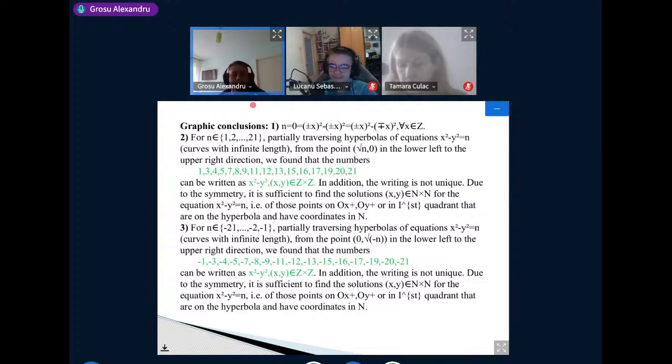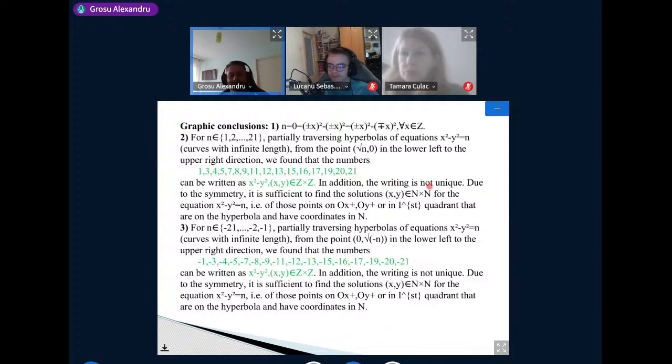For n from 1 to 21, partially traversing hyperbolas of equation x square minus y square equals n, curves with infinite length, from the point square root n, 0 in the lower left to the upper right direction, we find that numbers 1, 3, 4, 5 to 21 can be written as x square minus y square, x and y integers.